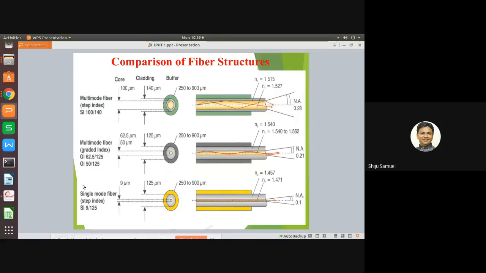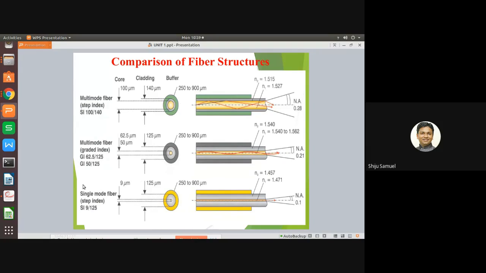Another is the large numerical aperture as well as the core diameter. The third is the lower tolerance requirement on fiber connection. In all these categories, multi-mode step index fiber allows the propagation of a finite number of guided modes along the channel.